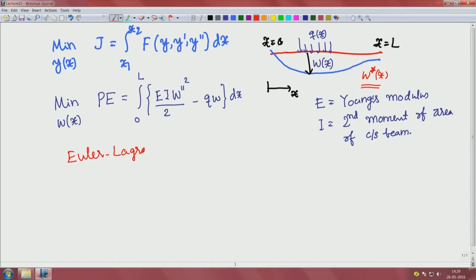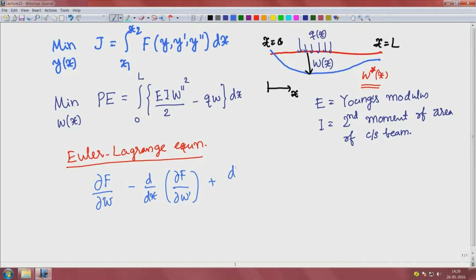So, here we have the Euler-Lagrange equation, and that one, if you recall, was dou f by dou y, in this case it will be w, minus d by dx of dou f by dou w prime, plus d square by dx square of dou f by dou w double prime, equal to 0.